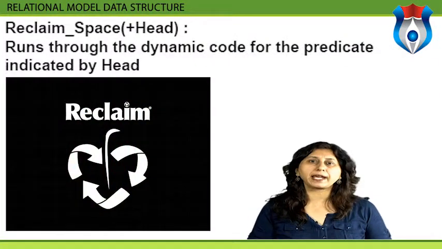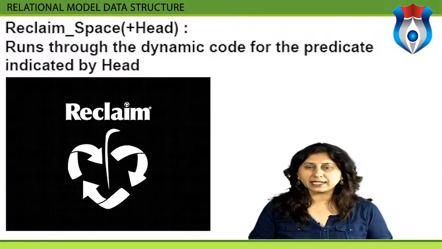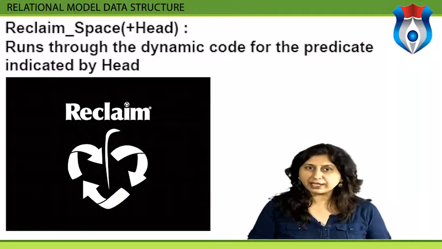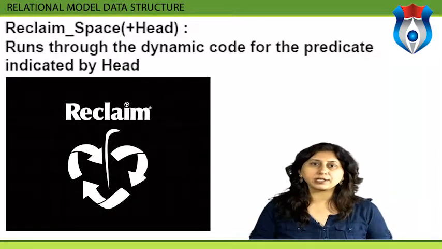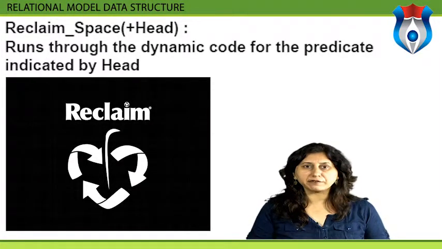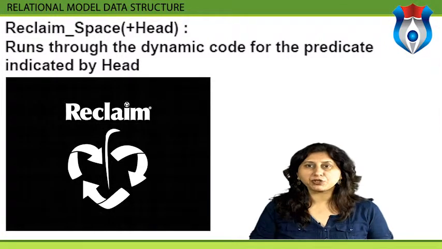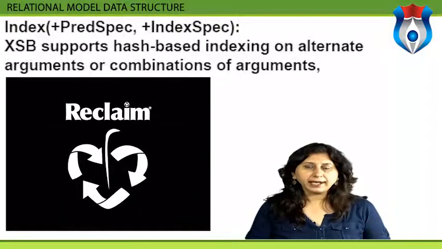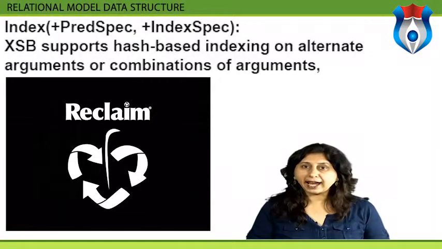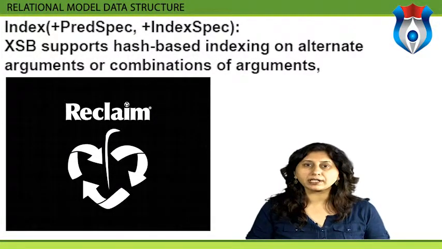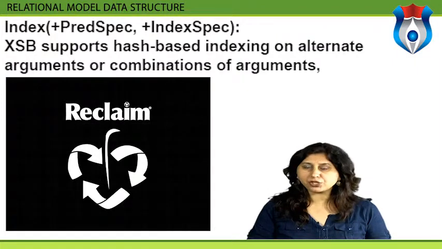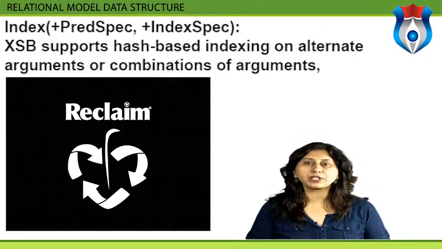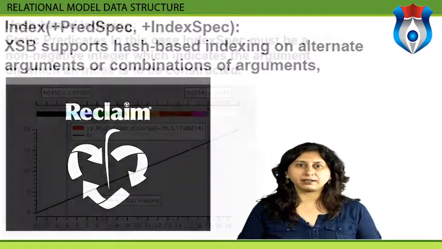It runs through the dynamic code for the predicate indicated by head and reclaims space for any clauses that have been deleted from that predicate by retract_nr/1. In general, XSB supports hash-based indexing on alternate arguments or combinations of arguments along with trie-based indexing.